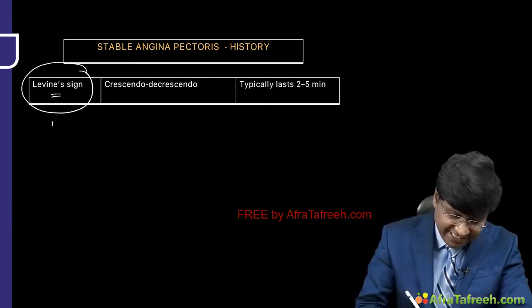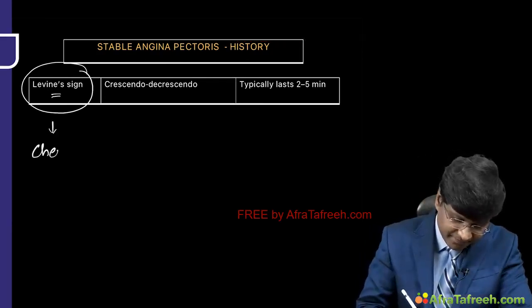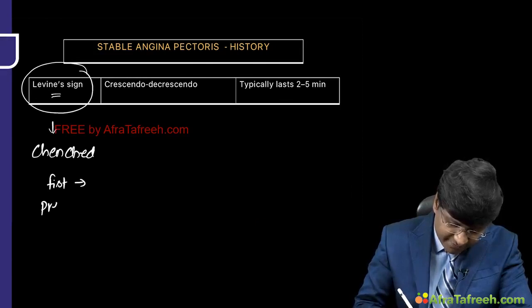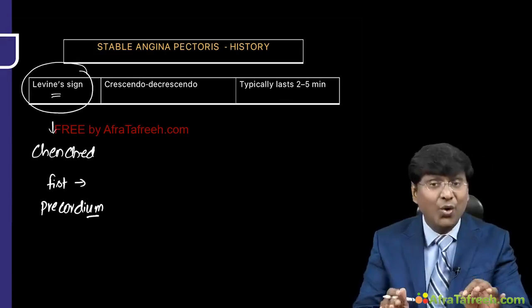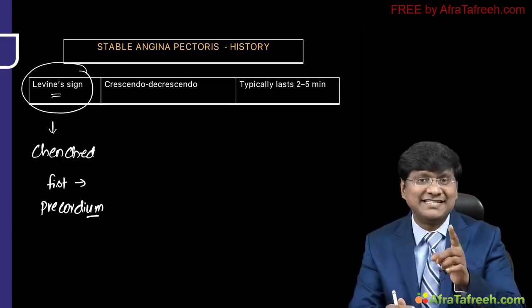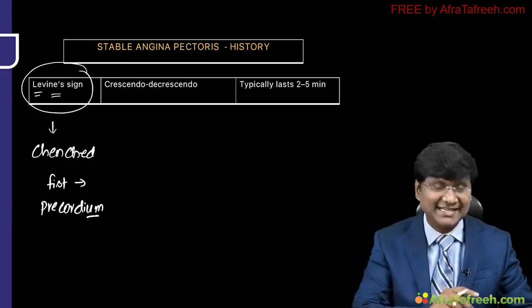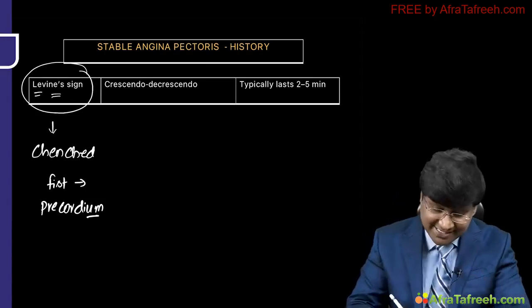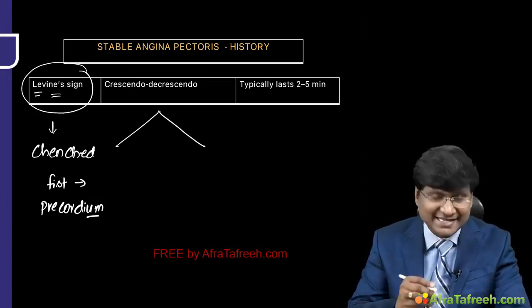So the placement of the clenched fist over the precordium while describing the chest discomfort, that is what is called as the Levine sign.